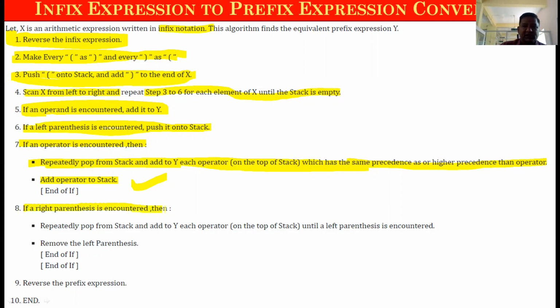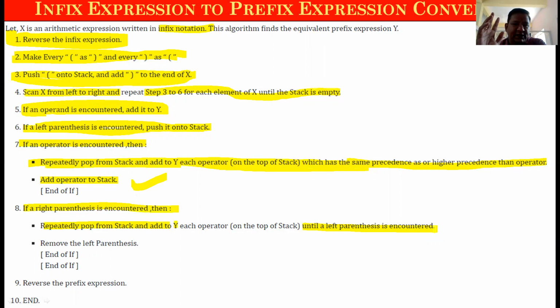If a right parenthesis is encountered, then we have to repeatedly pop everything from the top of the stack and add it to y, the prefix expression. Till when will you do this? Till a left parenthesis is encountered. Till the time you encounter a left parenthesis, you pop out everything from the top of the stack and add it to y, which is your prefix expression.